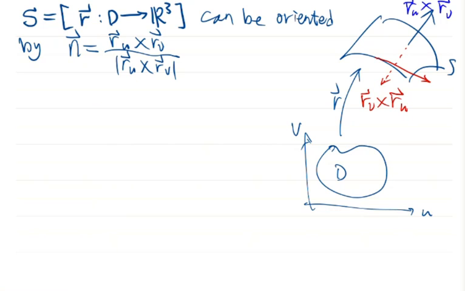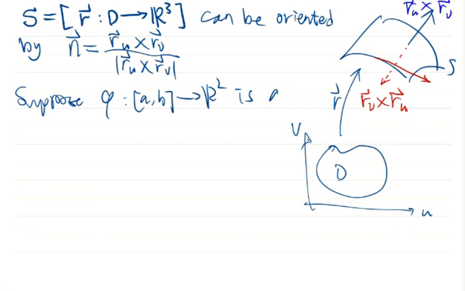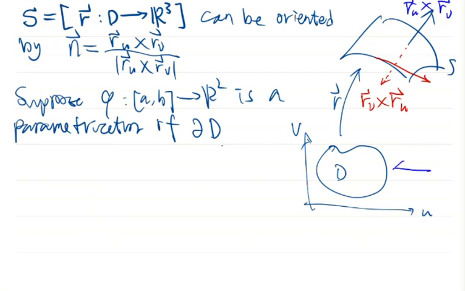Now for the boundary, suppose phi from an interval AB to R2 is a parametrization of the boundary curve of D. That is, we have phi here with domain the interval AB. So this phi is the parametrization of the boundary of D.